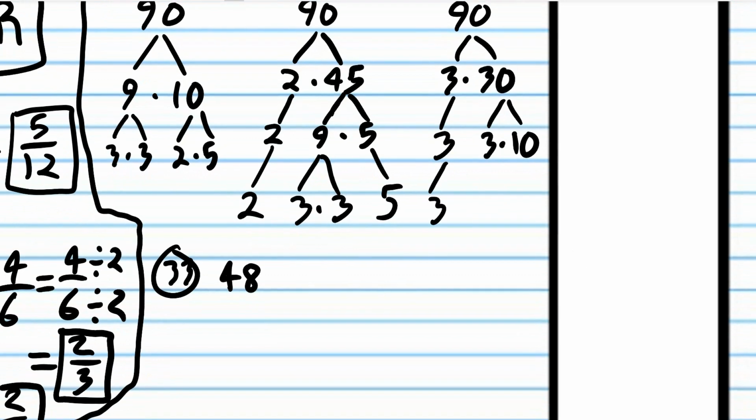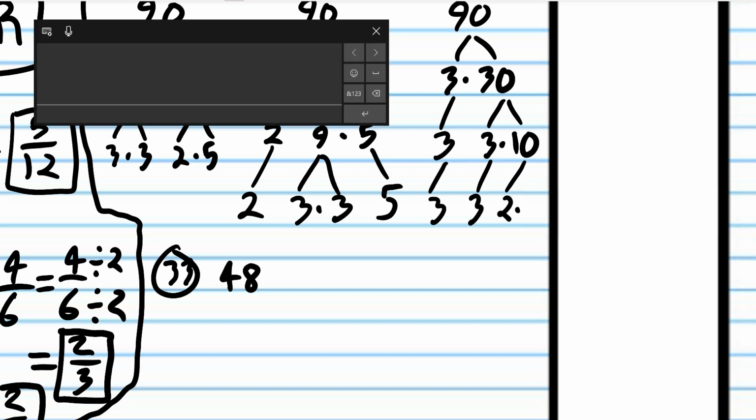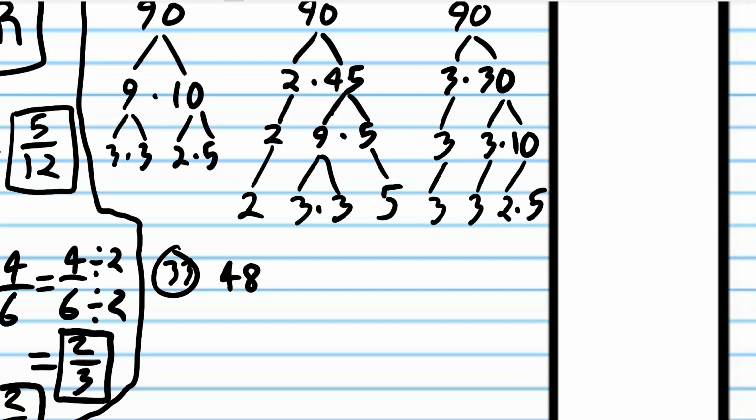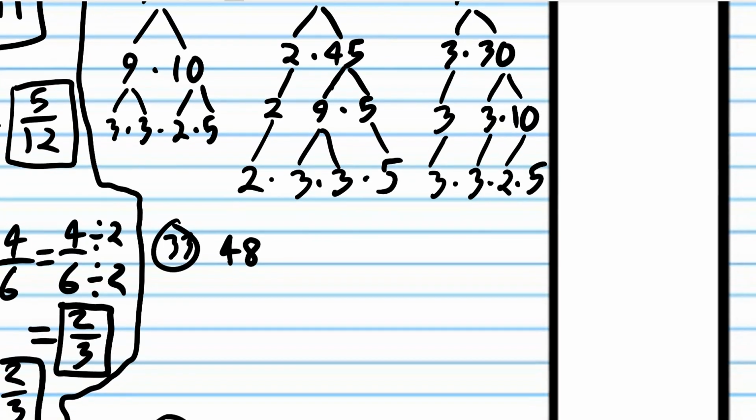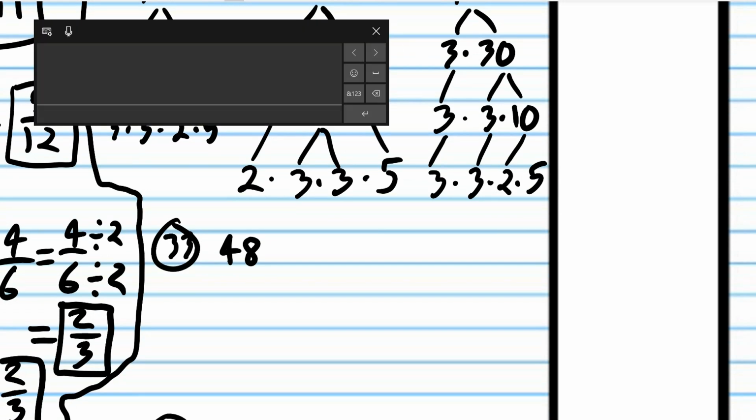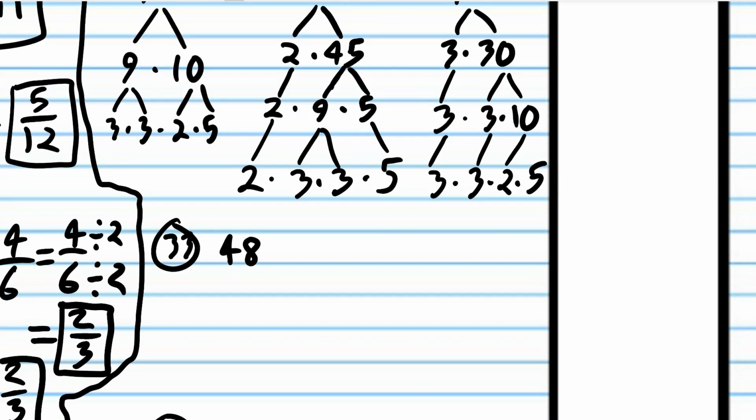These 3s you're done again, so you just bring them down, but 10 branches into 2 times 5. And by the way, we should be putting dots in between all these numbers down here. Here also, and here. So at that point, we're done again.